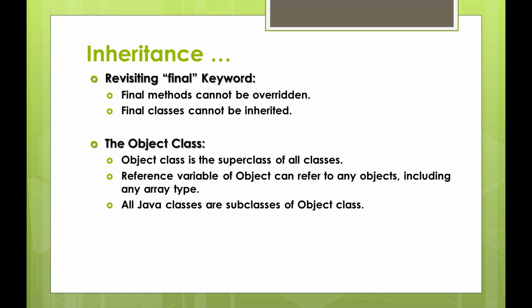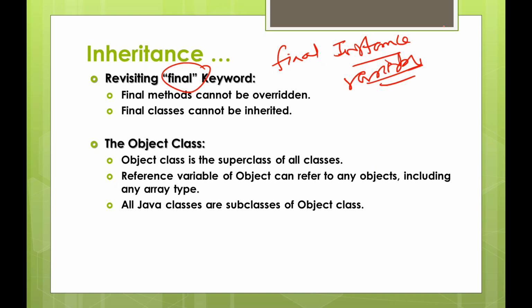So we have seen the final keyword, right? So when you apply final to an instance variable, what happens? When you apply final keyword to an instance variable, you cannot change that value.